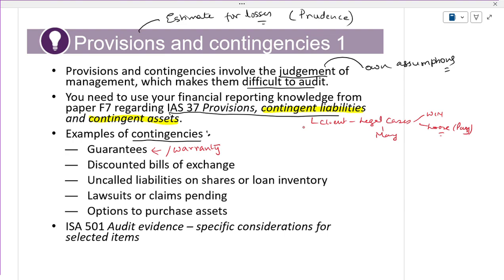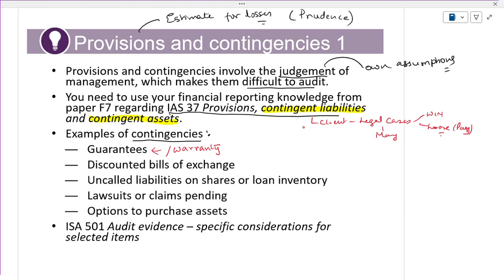If there are any problems, the terms and conditions will follow and they will honor the warranty. It is a provision. Now, contingent liability.